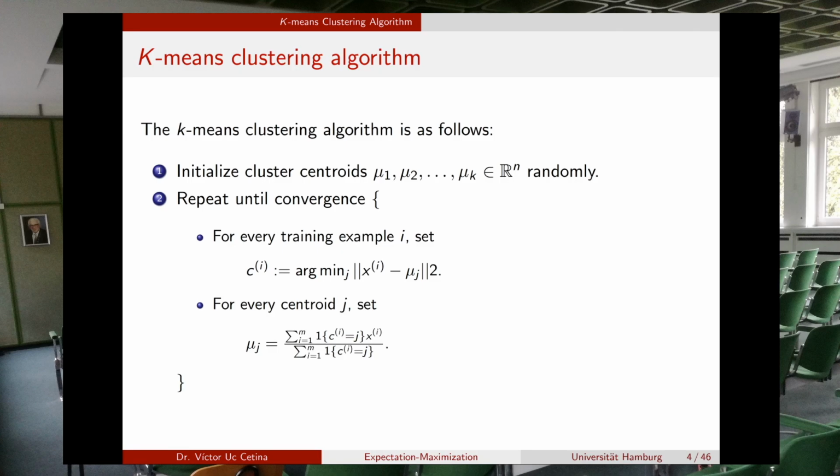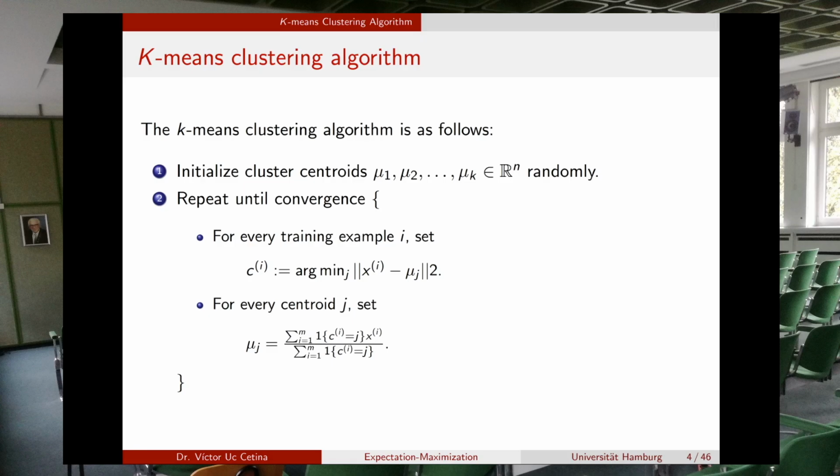So once we have initialized the centroids, we get into the main loop of the algorithm. The main loop contains two steps. In the first step, for every training example i, for every input vector x, we need to assign a cluster, or the label of one of the clusters.